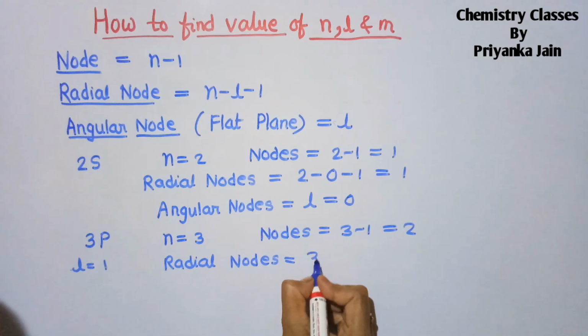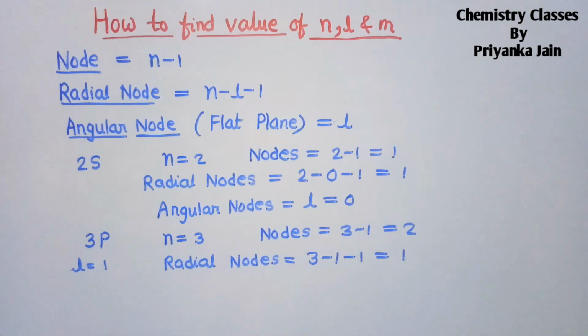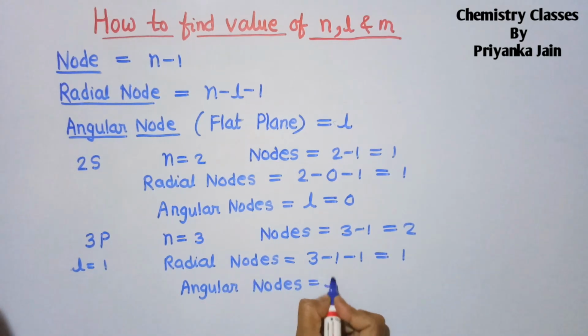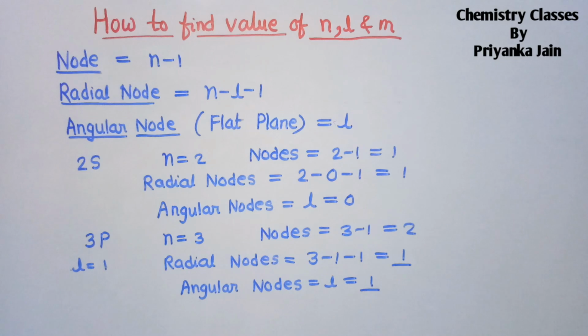So 3 minus 1 minus 1, which means 1 radial node. Now see the angular nodes. Angular nodes are equal to l, and the value of l is 1. So there is 1 angular node and 1 radial node in the case of the 3p orbital.